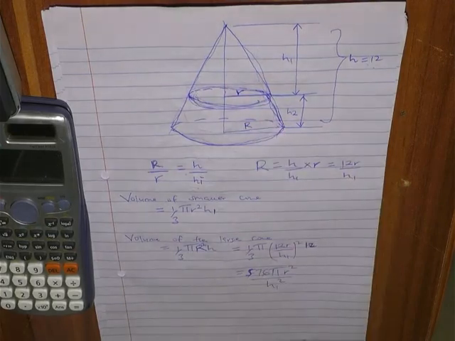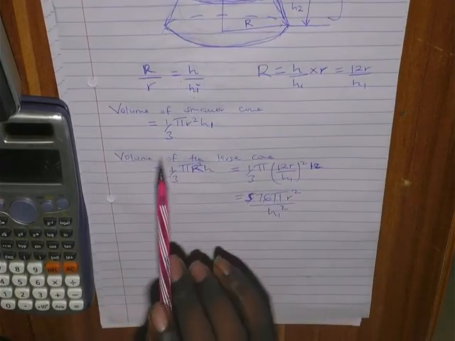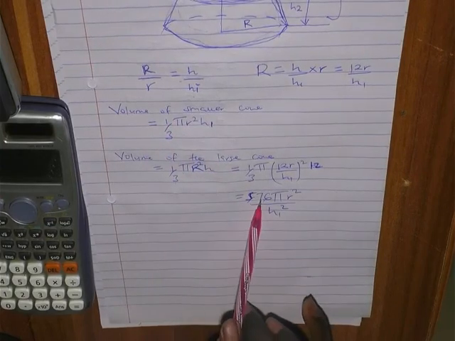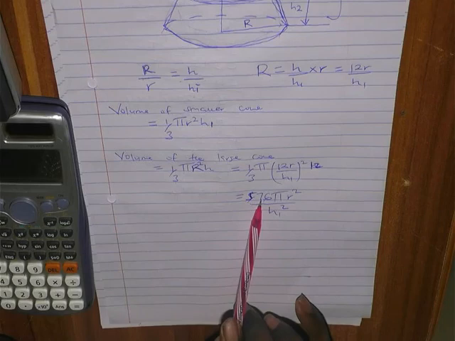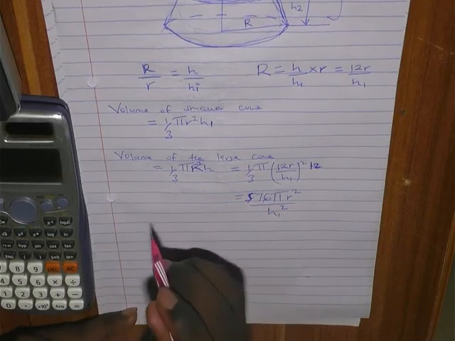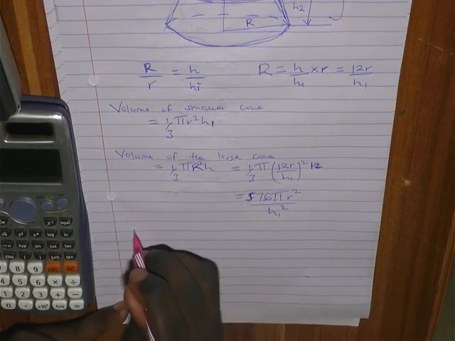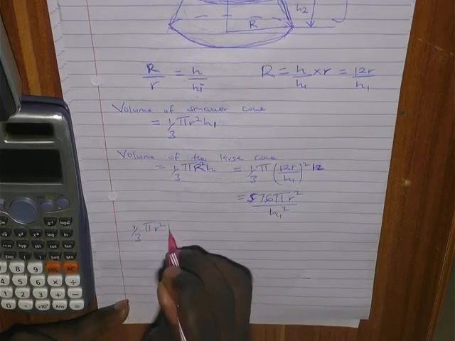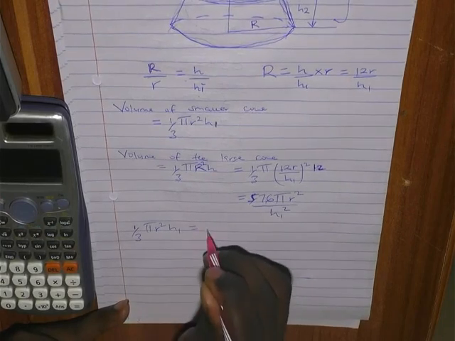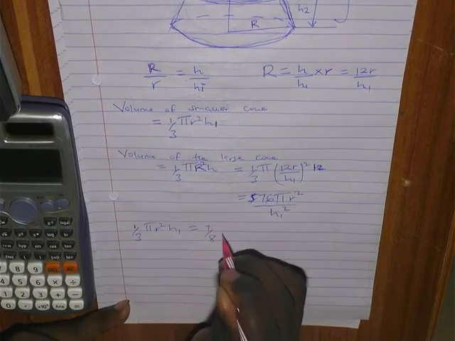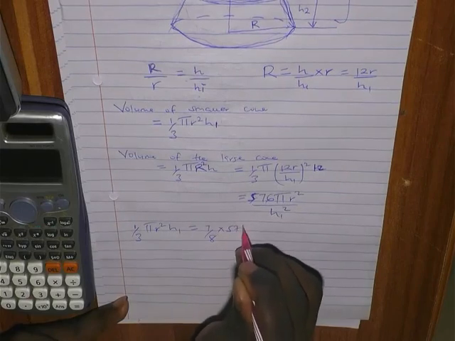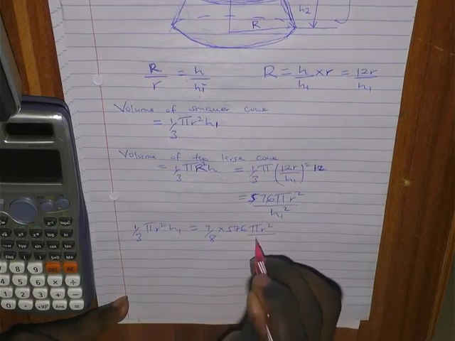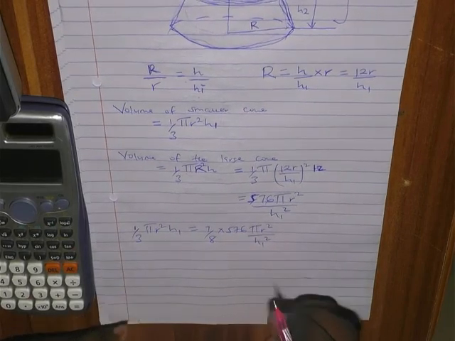So we are going to say this value is equivalent to 7/8 of this value. So the smaller cone, which is a third pi r squared h1, is equivalent to 7/8 of 576 pi r squared all over h1 squared, okay? Now let's deal with everything.